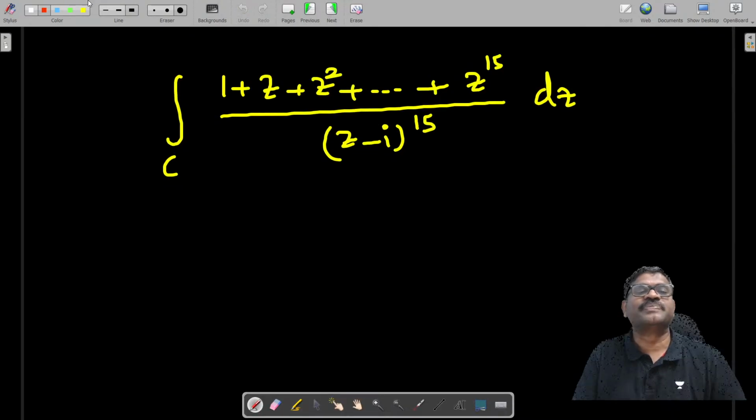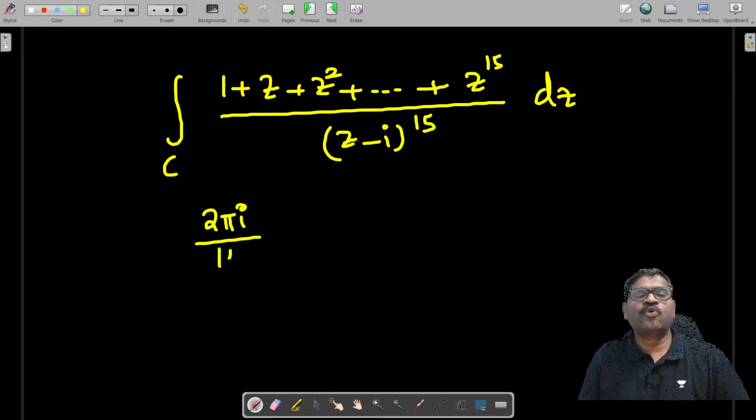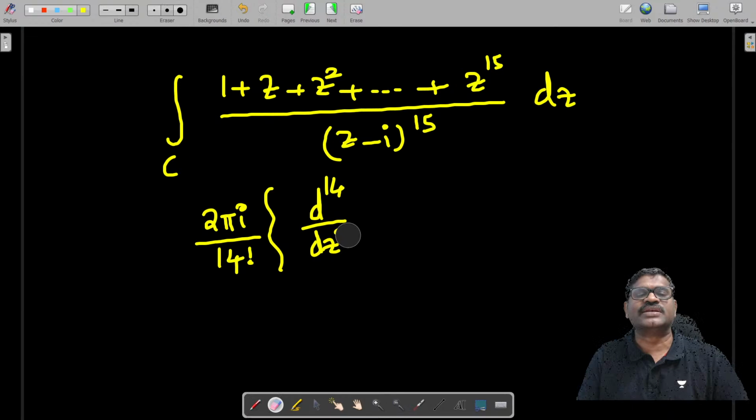That's why 2 pi i by 14 factorial into d power 14 by dz power 14.